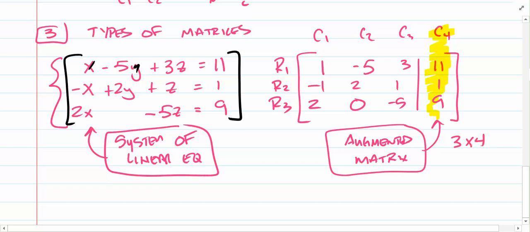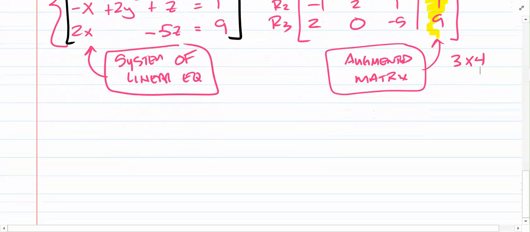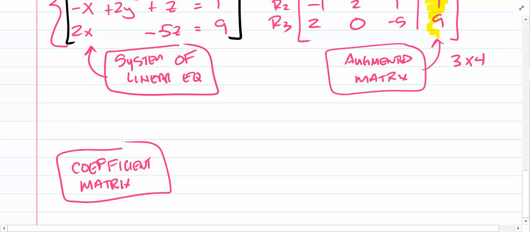Very good. There is another type of matrix that we're going to use from time to time, depending on the application. The second one really is called the coefficient matrix. These are the types of matrices. There's only two, augmented and coefficient.